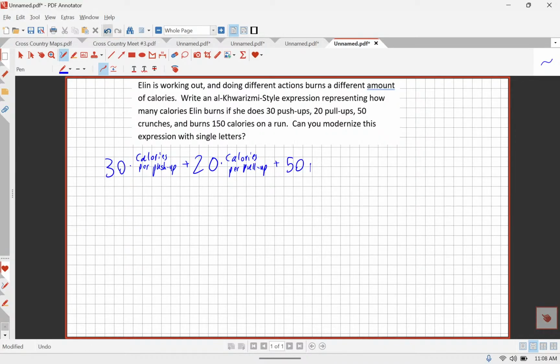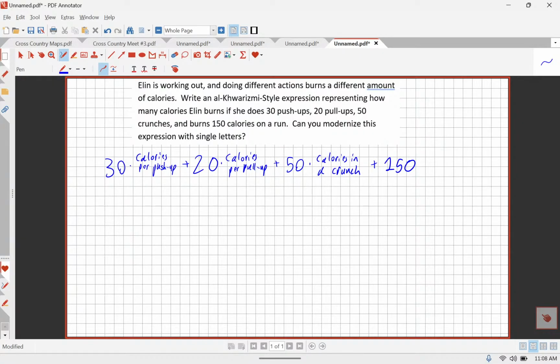Plus 50 times calories in a crunch. Not like a crunch bar. That's different. Plus 150. Beautiful. You know what I love that Juliet did? She did not put any variables by the 150 because we knew how many calories she burned on her run. She burned 150 calories. I love that.